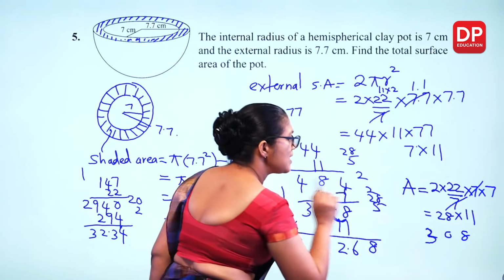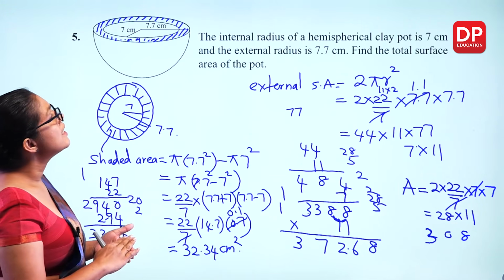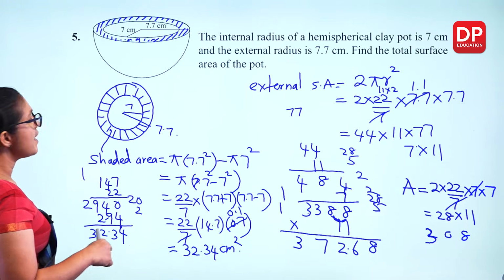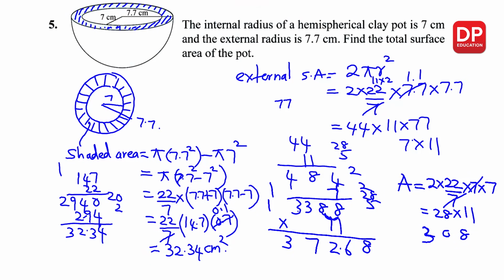So we found the internal one, the outside one, and this area. So what's the total surface area of the pot? We have to add all these values together. I'll write the total area is equal to 32.34 plus 372.68 plus 308.